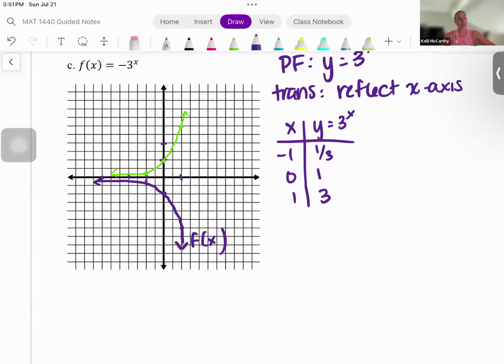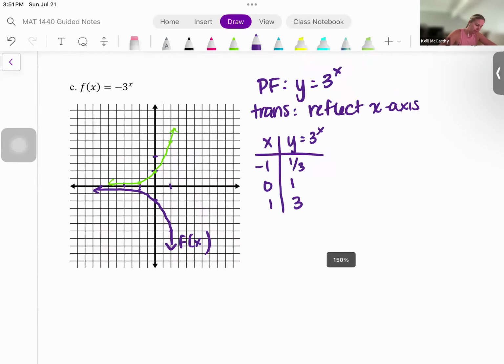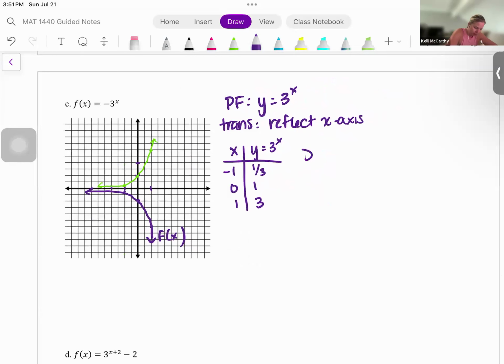Again, anytime you've got multiple graphs on one grid, just make sure you label those graphs. The domain, -infinity to +infinity. Quick observation, we haven't had a different domain because the generic form of that exponential function is defined on all real numbers. Any function in that family is also going to be defined on all real numbers.